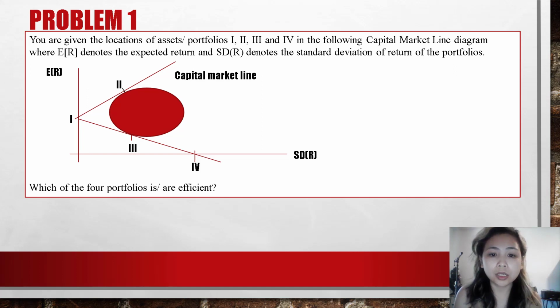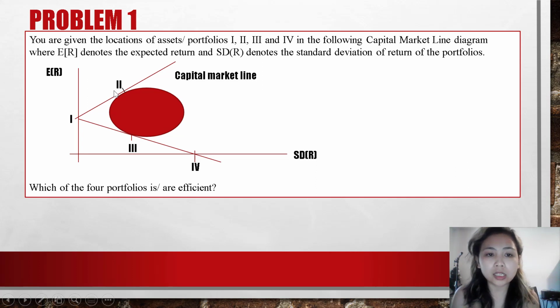On the diagram, the vertical axis represents the expected return, and the horizontal axis represents the standard deviation. We have two slant lines here, one downward and one upward. The upward line is the capital market line, and we have four assets 1, 2, 3, and 4.